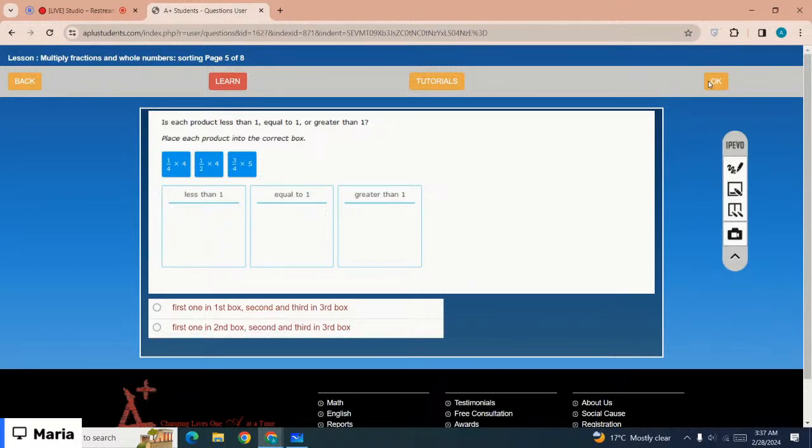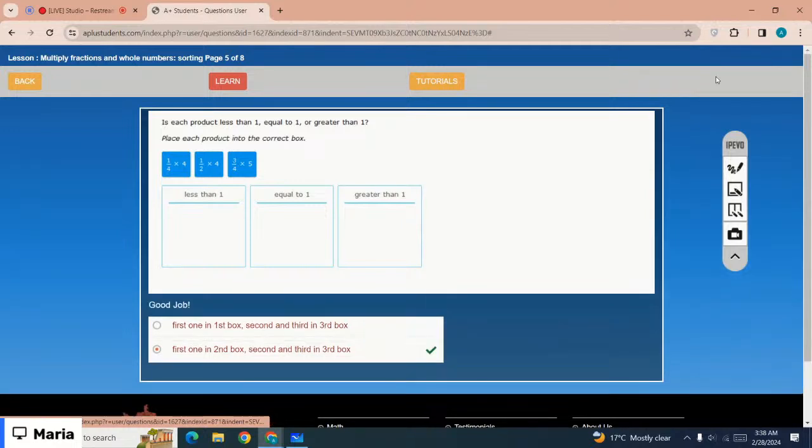The correct option is, that is first one in the second box, and the second option is the correct one, right?